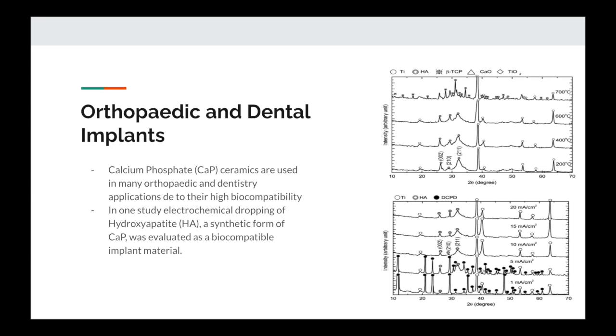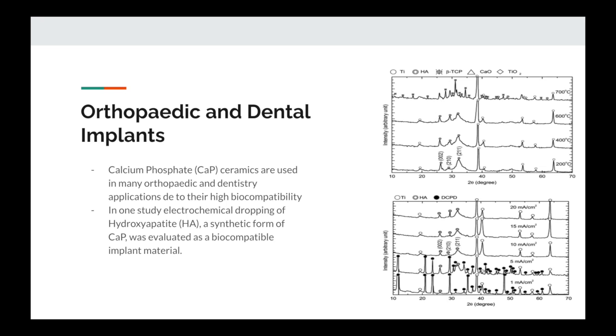In their experiment, X-ray diffraction analysis was performed using a MAC MO3 XHF diffractometer, which operated at a tube voltage of 40 kilovolts and a current of 30 milliamps. The range of 2 theta was from 10 degrees to 70 degrees with a scanning rate of 1 degree per minute.